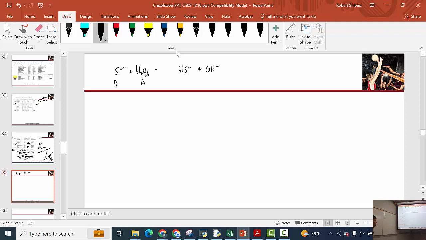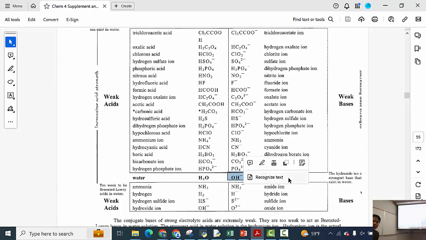Is this sulfide a strong base, a weak base, or too weak to be basic in water? In other words, is this downhill, or just slightly uphill, or uphill so much it's not going to happen? This is downhill. We're going from sulfide, which is stronger, and on the base chart it's inverted, remember?